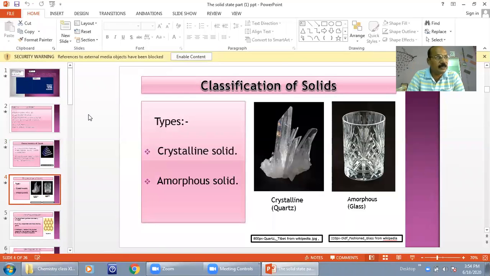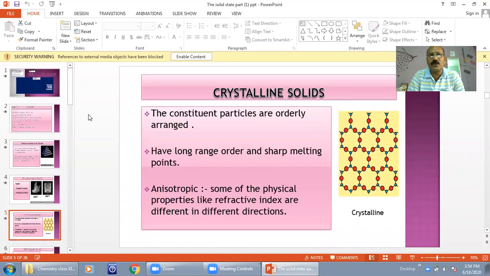Secondly, when we see solids, there are two types of solids. One is crystalline solids, which have crystals, whereas the second is a powdery form of solid, that is called amorphous solids. Now, what are crystalline solids? The particles of crystalline solids are orderly arranged.